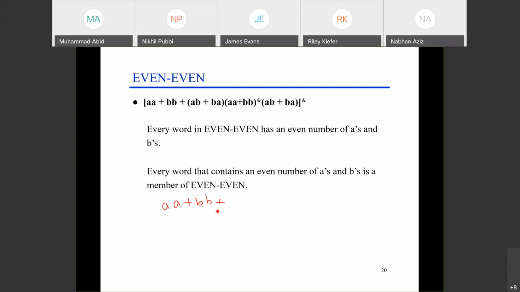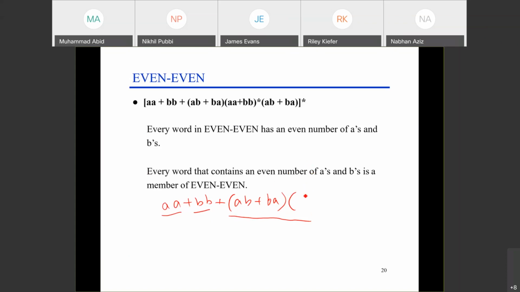Okay. So if you have a combination of A and B, it might start with B, B A, but if you pick any one of these, it is not even. It is odd, because one A and one B. So then you need, without a plus sign, because when you do not have a plus sign, you are saying it must come with that. This means either this or this, and whatever we write is coming here.